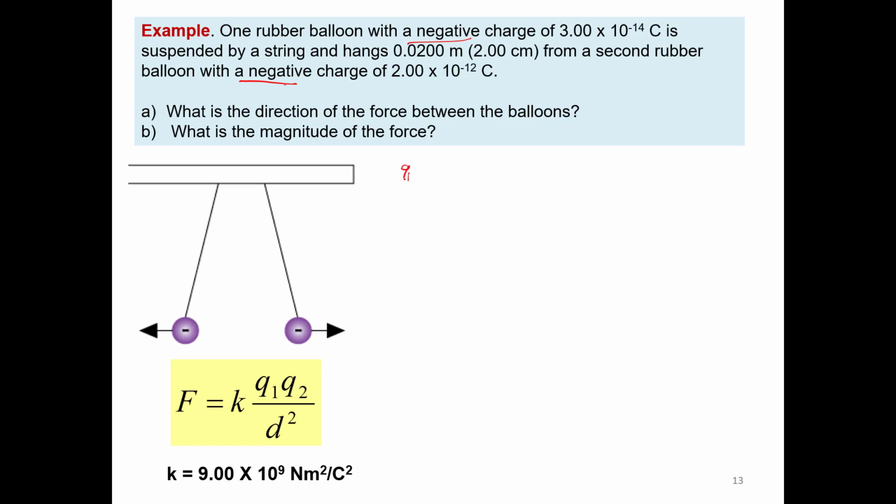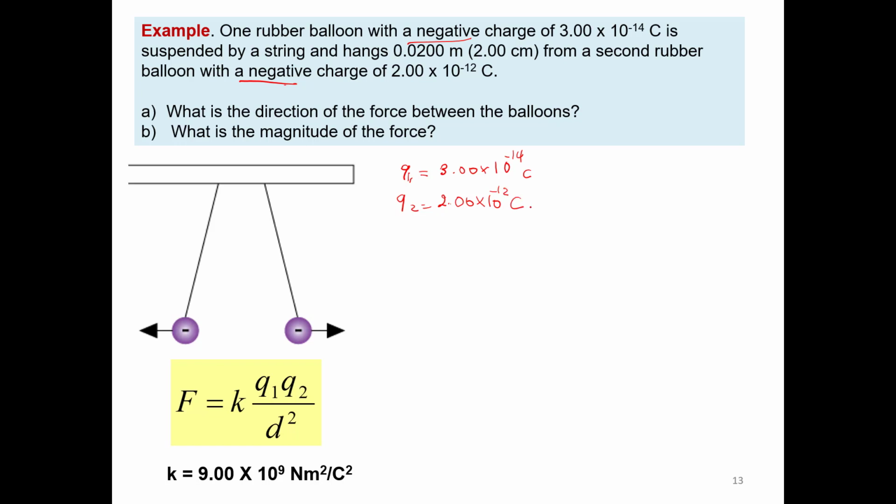Q1 equals 3.00 times 10 to the power minus 14 coulomb. The magnitude of the other charge is 2.00 times 10 to the power minus 12.